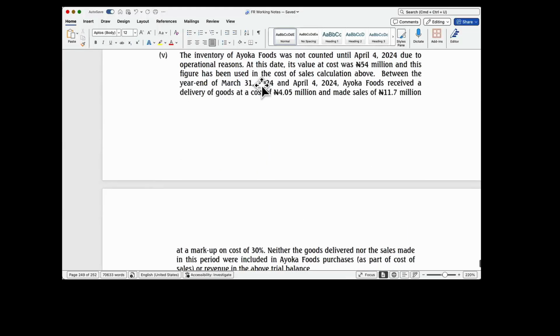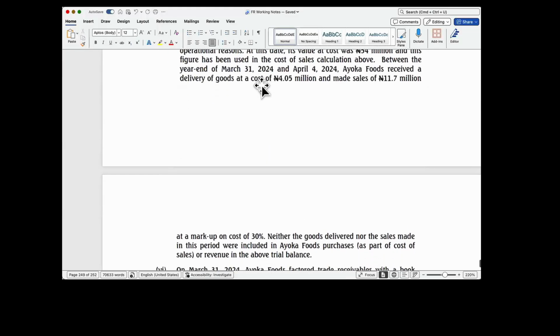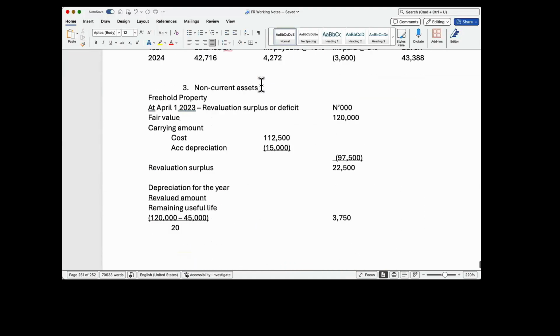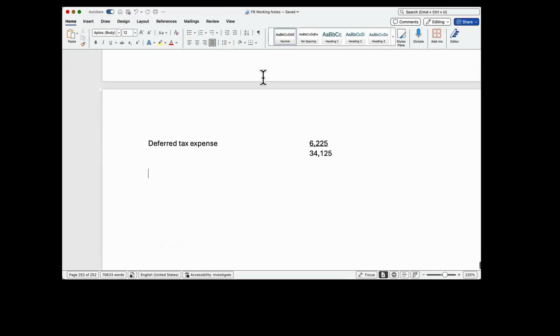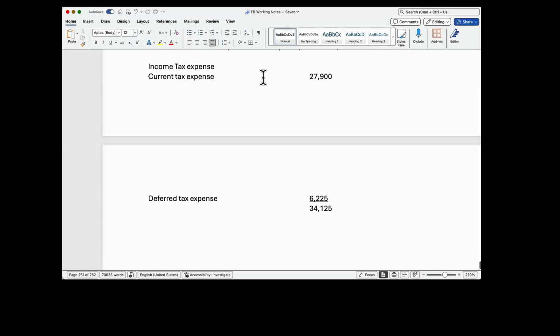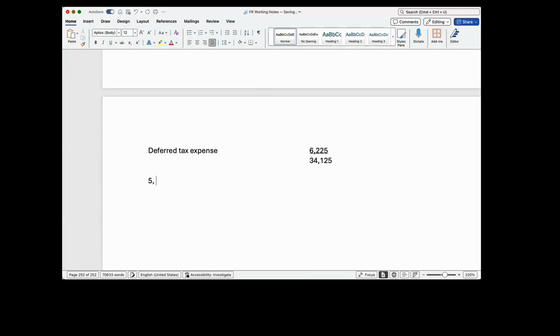So with a markup of 30%, I will need to work back to cost. I will need to get the cost of this inventory. To get it, it's actually 100 over 130 times that 11.7. That gets me what I need. Let me show you. So this deals with inventory.